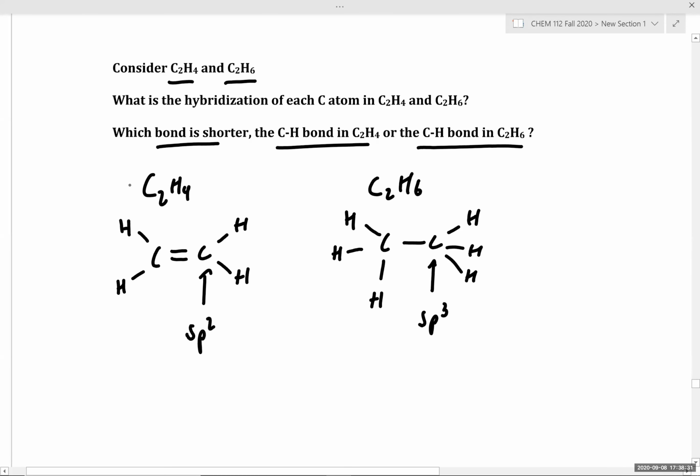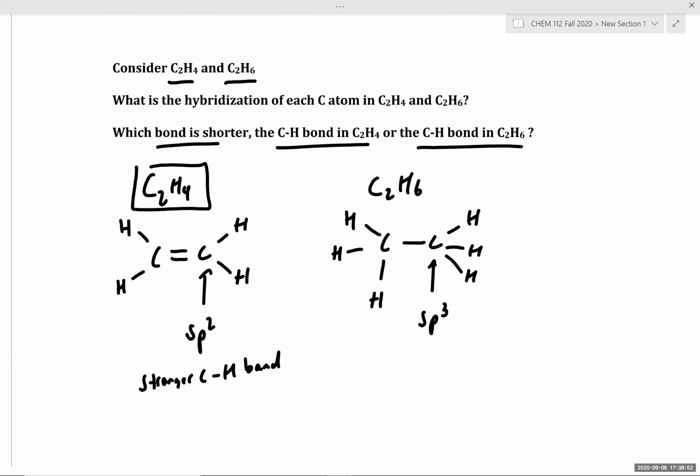So in turn, that would mean ethylene would have the stronger carbon-hydrogen bond. The exact same logic that we used in our example comparing carbon dioxide and formaldehyde.